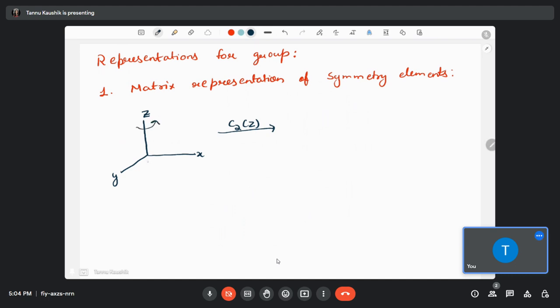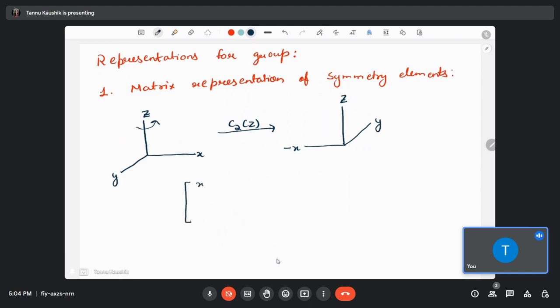So this is the C2(z), we will be applying C2(z) along this, and so the position of z-axis will not change. However, y-axis and x-axis will change their positions, like they will go in opposite directions.